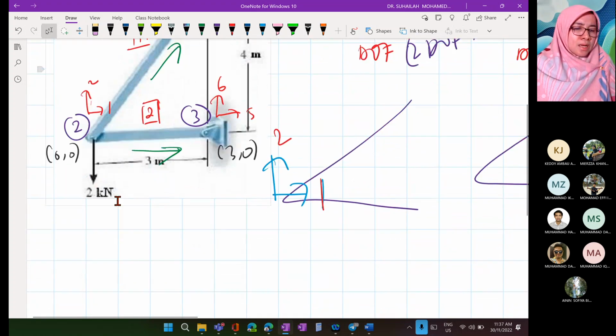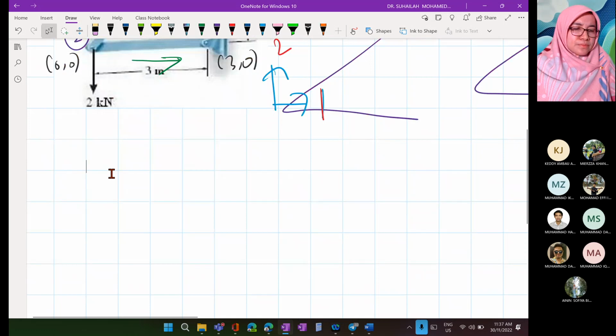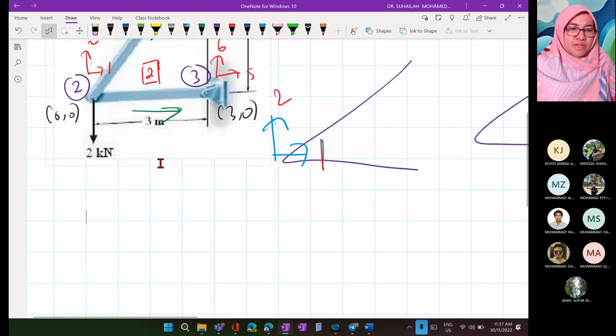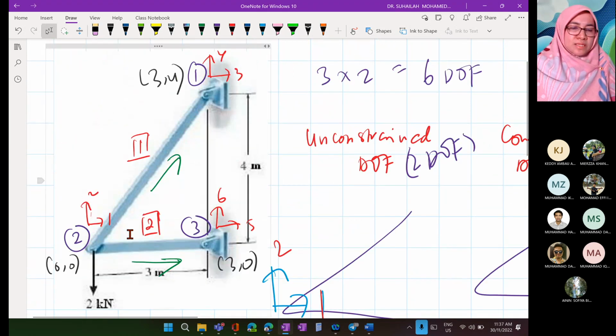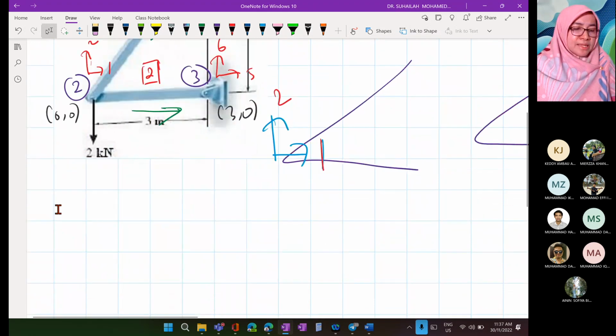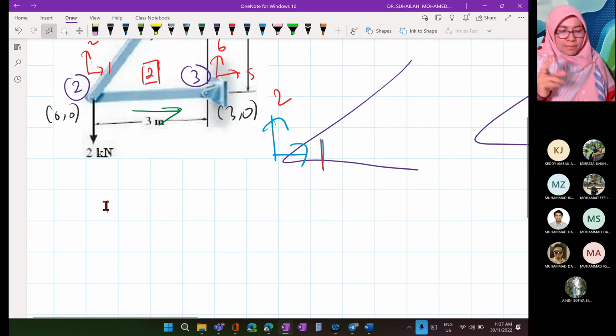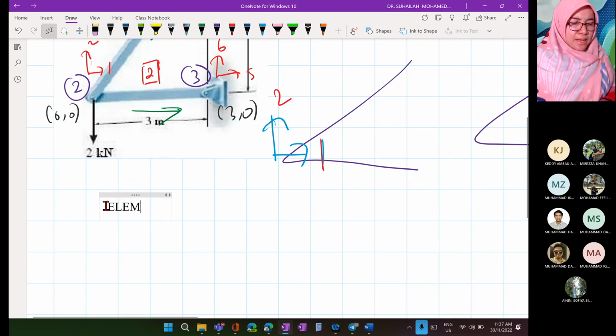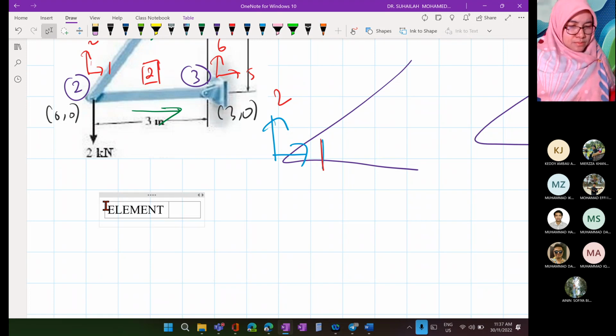I want to make it short because you can watch the previous video where I discussed Cx and Cy. This time I want to summarize Cx and Cy in table form. So we have two elements, and each element has its own length.